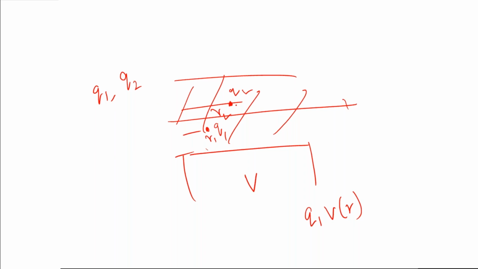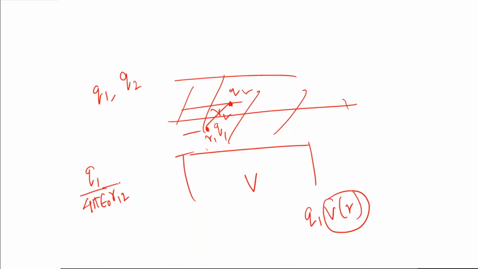So the charge Q2 has to work against two fields: one is this one, and the other is the potential V already created by the external source.